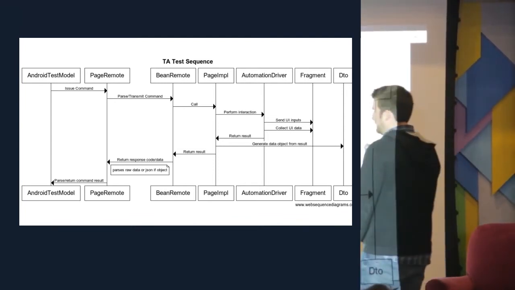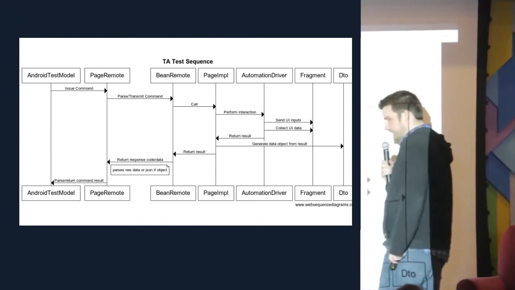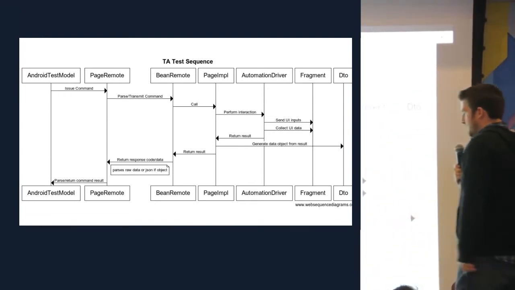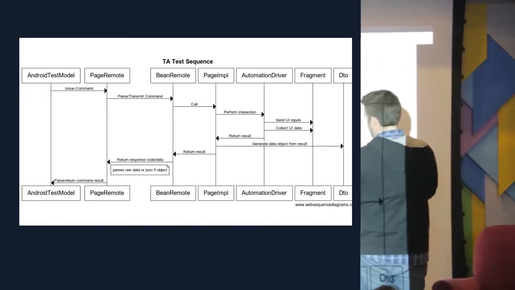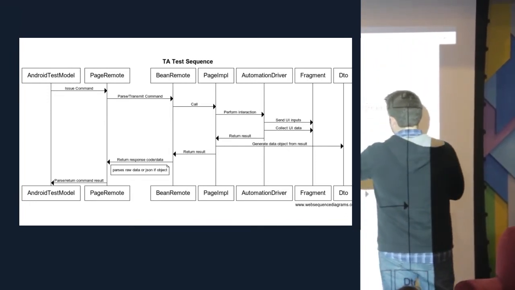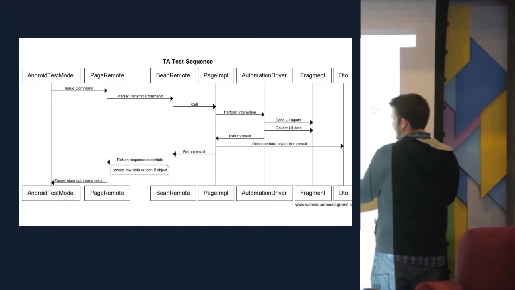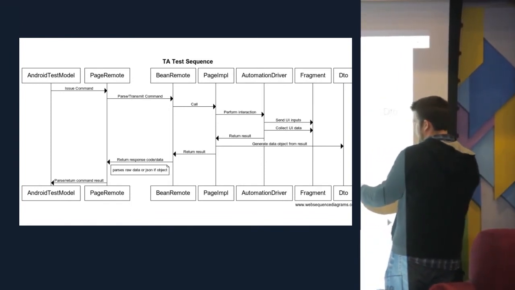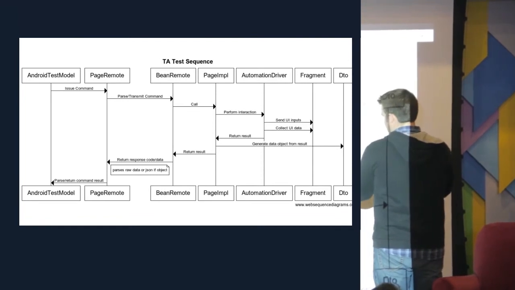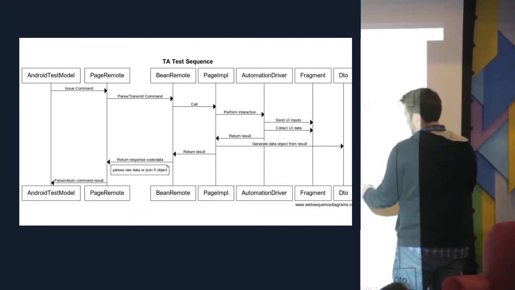So you have a page implementation that clicks a button or goes backwards or goes back. And then that page implementation is actually communicating with an automation driver that's baked into the fragment that actually sends those commands or UI inputs or whatever you need to do to fulfill the action that you want it to do.